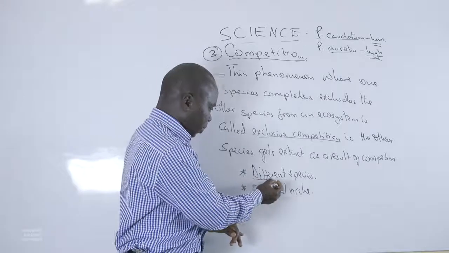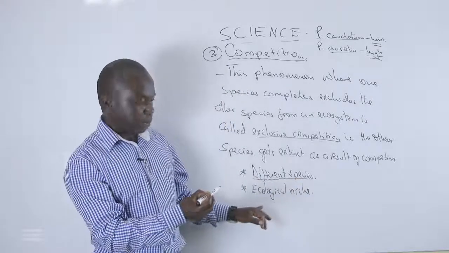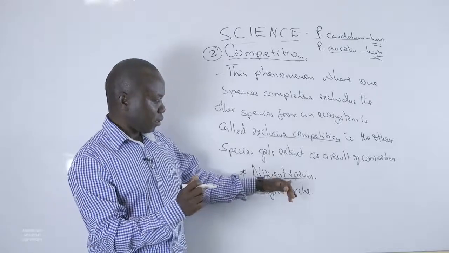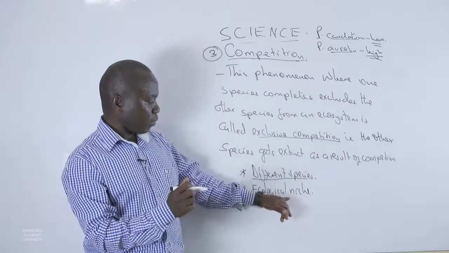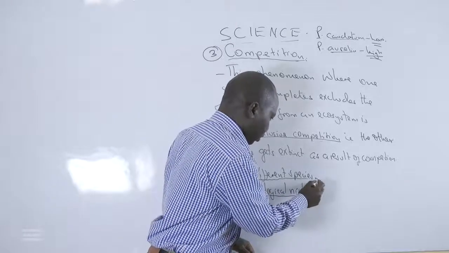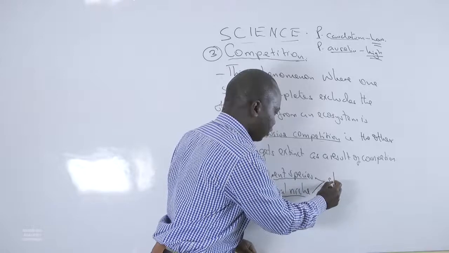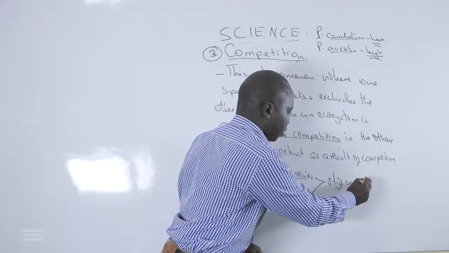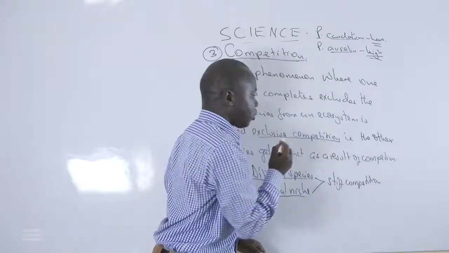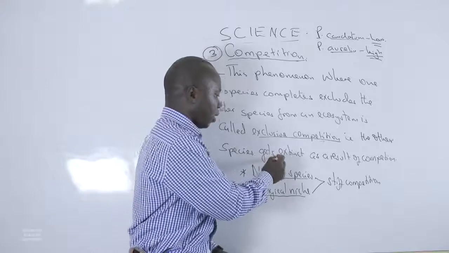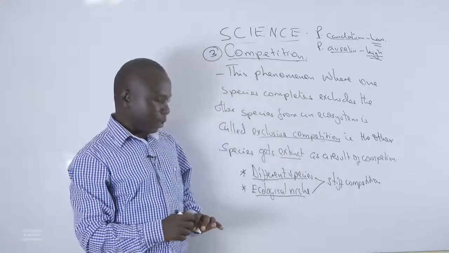So I'm just pointing out a very important concept here: if species are of different kinds and they are in the same ecological niche, then it's going to lead to stiff competition, which now leads to exclusive competition or extinction of some of the species.